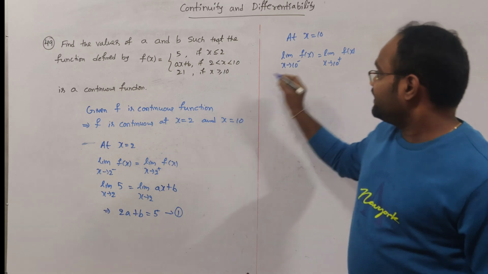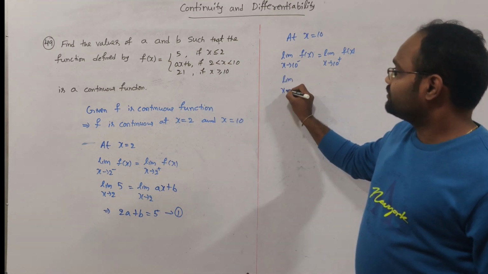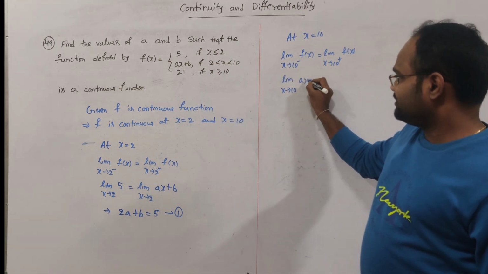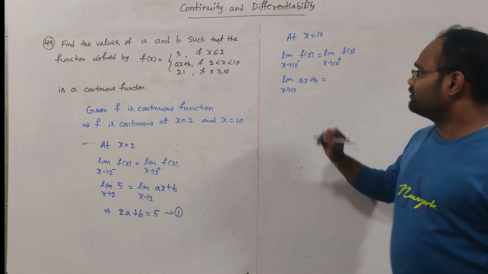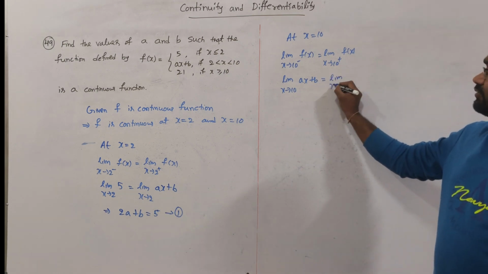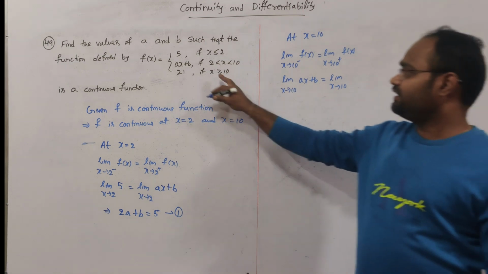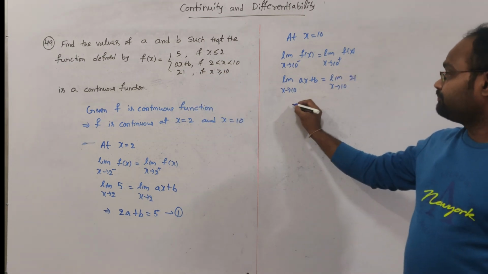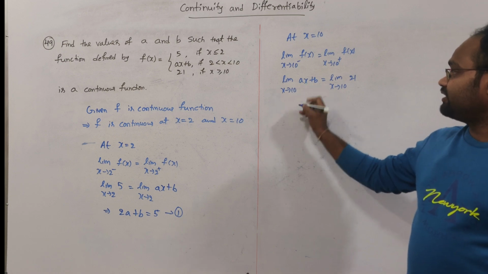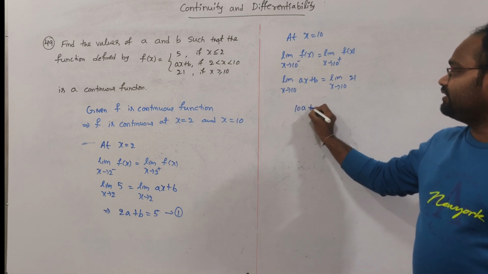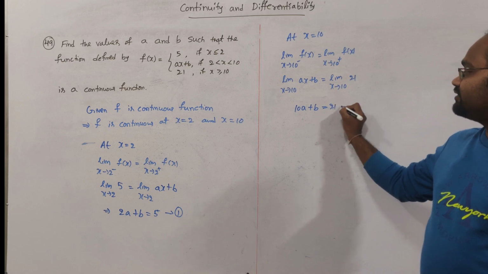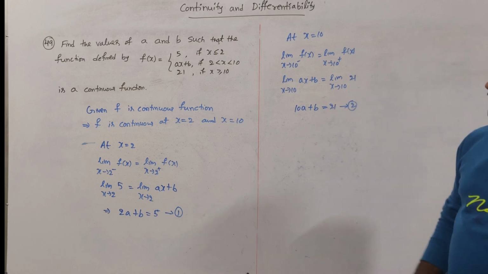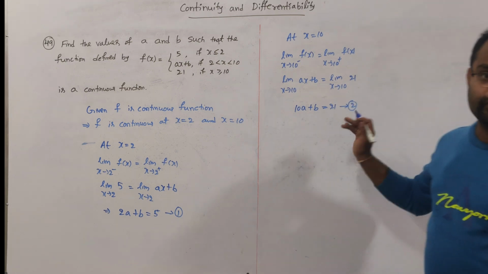Slightly less than 10, ax plus b, limit as x tends to 10 minus ax plus b, equal to limit as x tends to 10 slightly greater than 10, 21. So applying the limit, 10a plus b is equal to 21, take it as equation number 2. Now we have to solve these two equations to get a and b.